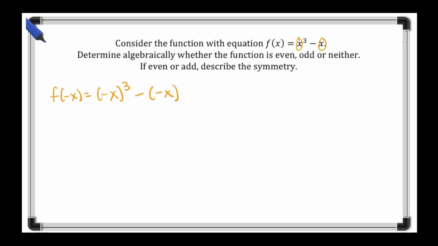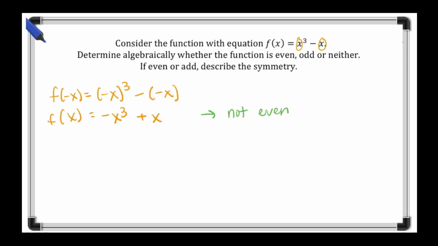Very, very important to have those parentheses there. When I simplify, I'm going to get still a negative x to the 3rd, and now a plus x. So what you should see is that I know it's not even because it's not exactly the same as the function I started off with.